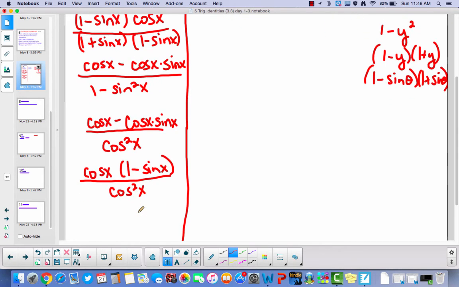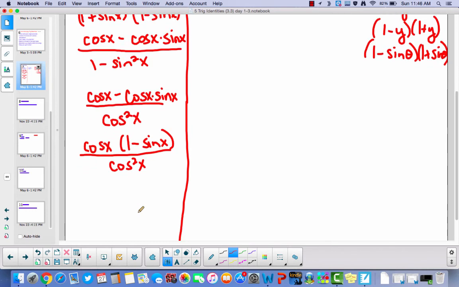Now, if I have a cosine of x and a cosine squared x, and I'm dividing, what can I do? Right, that can end up being canceled. So I end up with 1 minus the sine of x over the cosine of x.